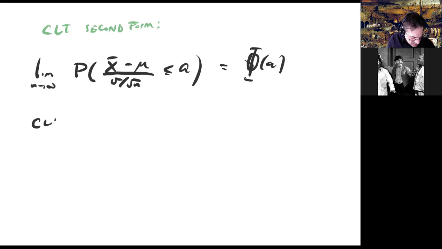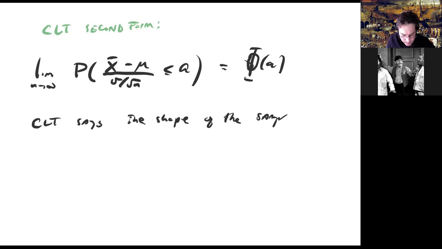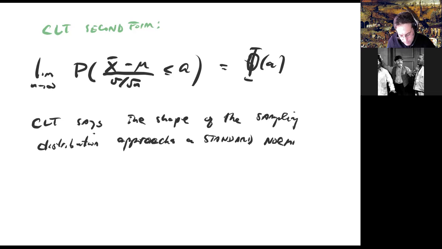So in other words, the CLT says, in summary, that the shape of the sampling distribution approaches a standard normal as n gets large. And again, n should be large, 30 or more.